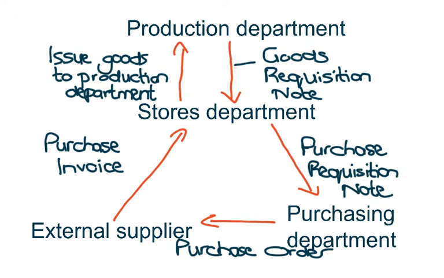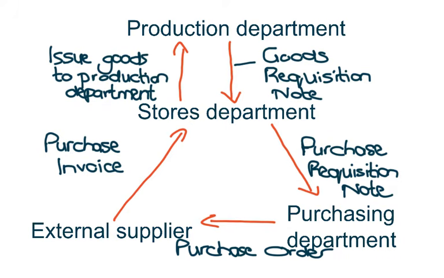Remember, there's a lot of paperwork involved. The document that they will issue to the stores department is called the goods requisition note. Now, the stores department, if they don't have that in stock, will issue a purchase requisition note to the purchasing department.